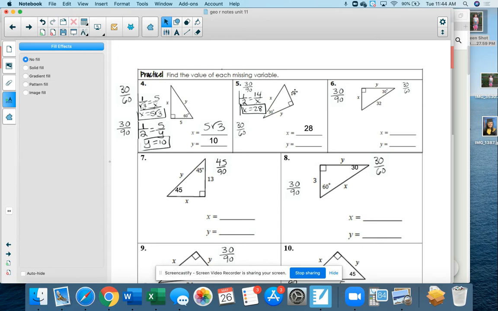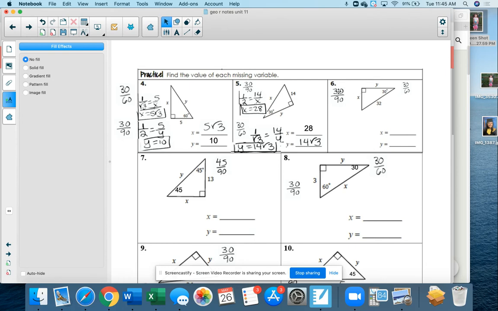So the side across from the 30 is 14, and the side across from the 60 is y. So again, my proportion for the 30 and the 60 is 1 and radical 3. So 1 over radical 3 equals 14 over y, and I cross multiply, and I get 14 radical 3. Right? So if you have these proportions memorized, it will work for any problem.